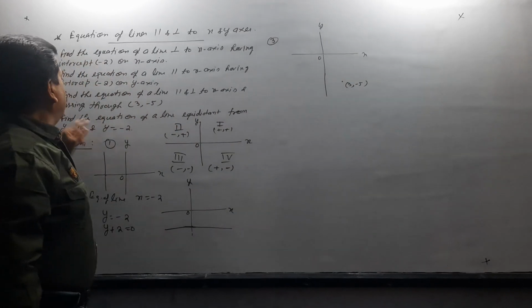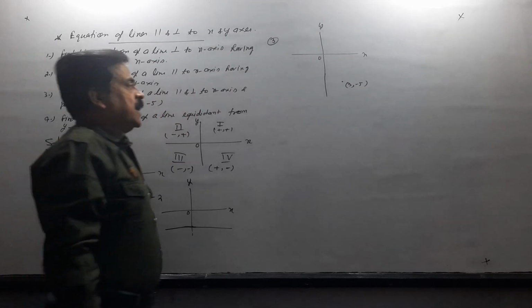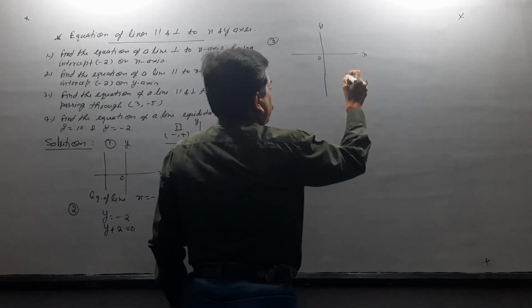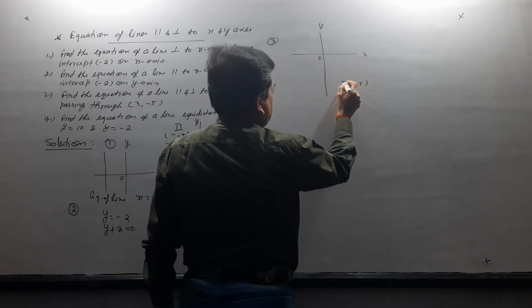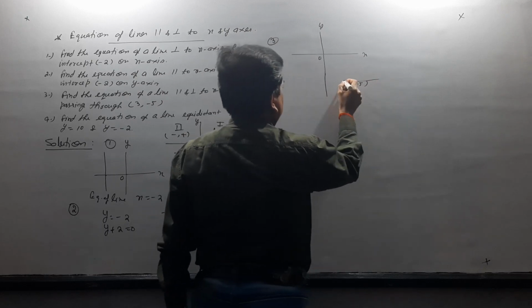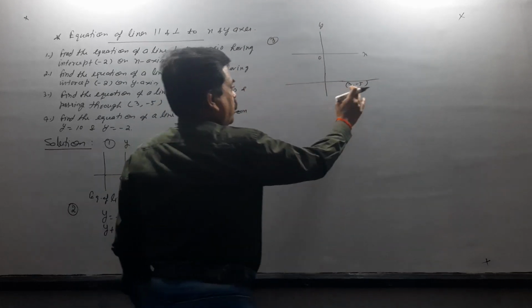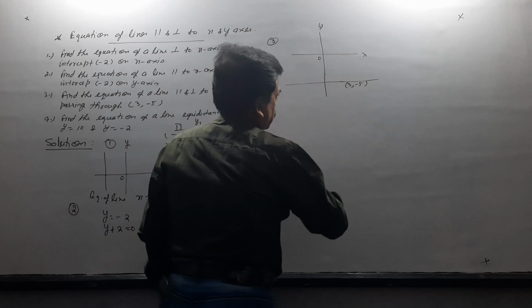Now we have to draw a line parallel and perpendicular to x-axis. A line parallel to x-axis passing through this point, so line will be this. This is a line passing through point (3, -5) and parallel to x-axis.